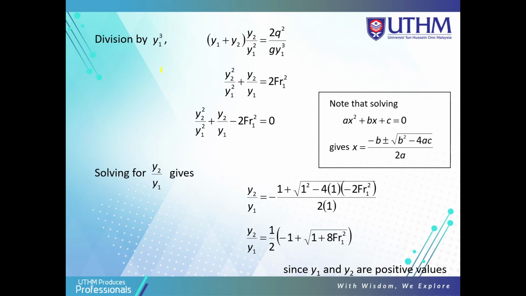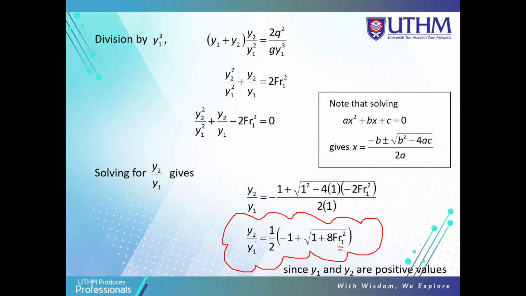From the previous slide, we divide by y1 to the power of 3, until we get the real equation that we must use. So we get this one. Actually, this equation is given in your test or in your final, so no need to worry. Just you must know that y2 over y1 is with Froude number 1.